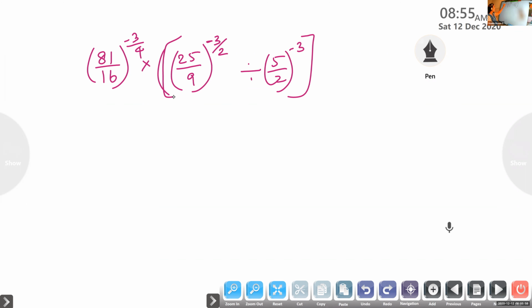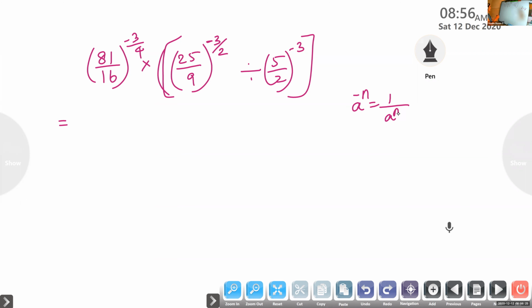Whenever we see the power negative, first you remove the negative powers, make them positive. So how will you write this next step? This indices, we should convert as positive. What is the formula we have learned? A raised to negative n is 1 by a raised to n. Just take the reciprocal.